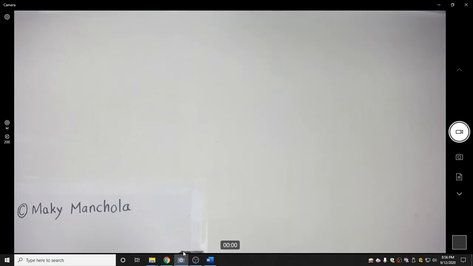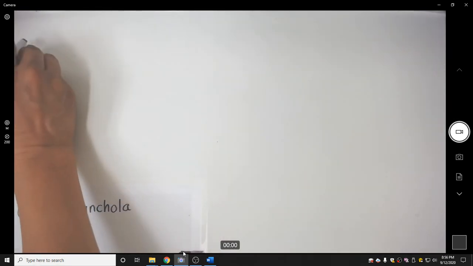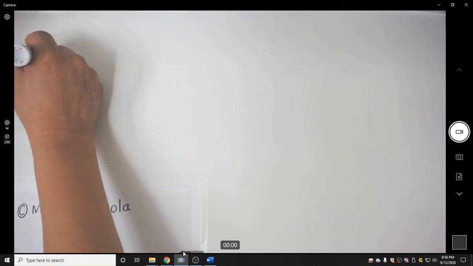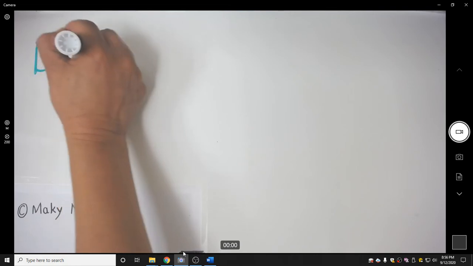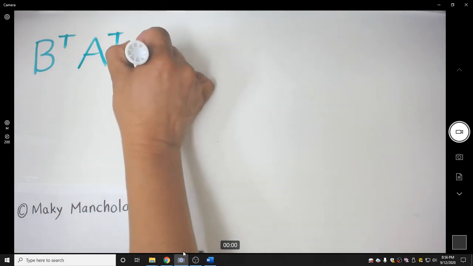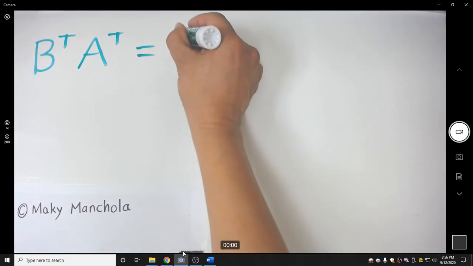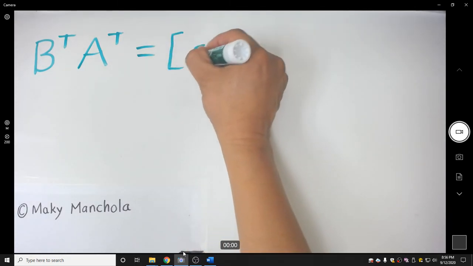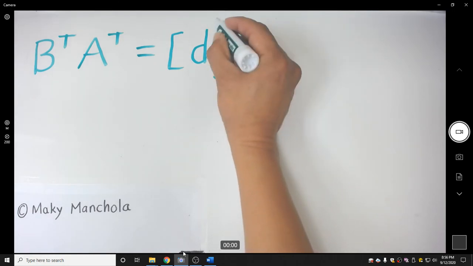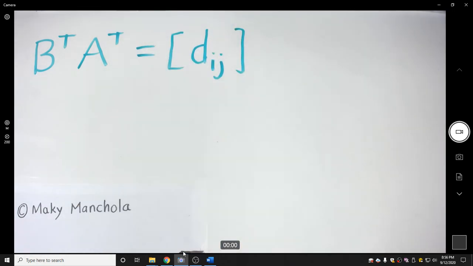So let B transpose A transpose be the matrix whose entries are Dij. So we are after finding Dij.